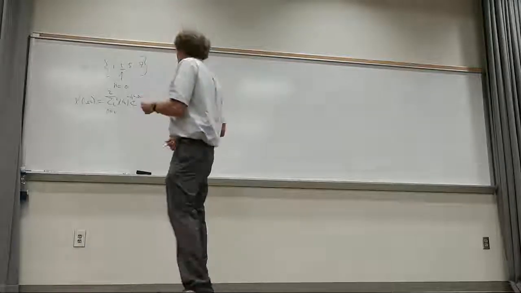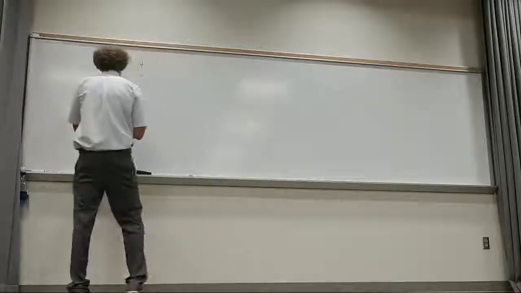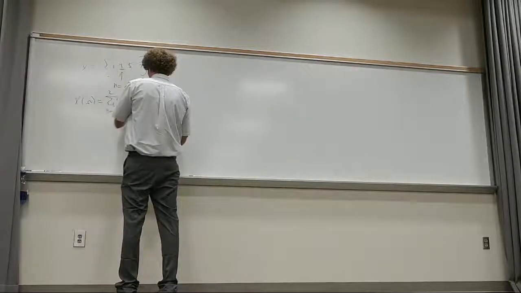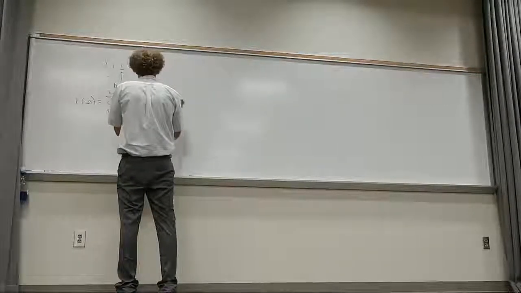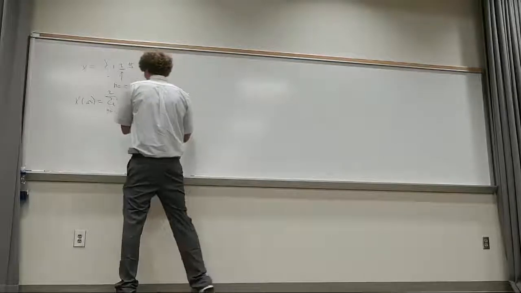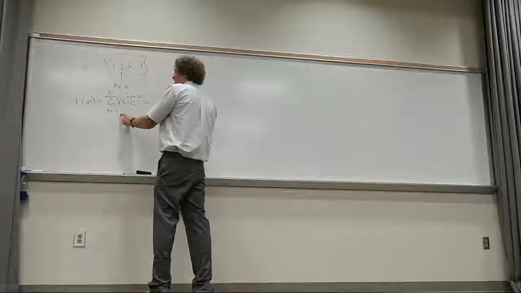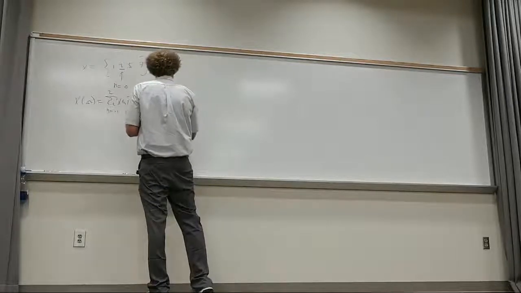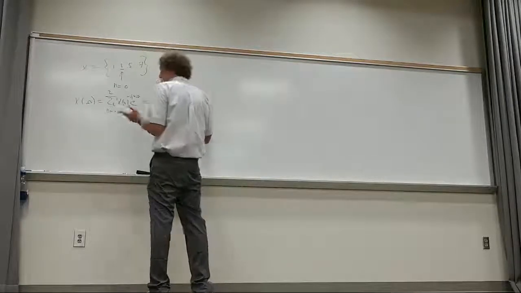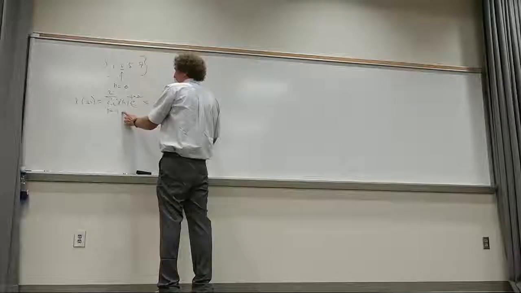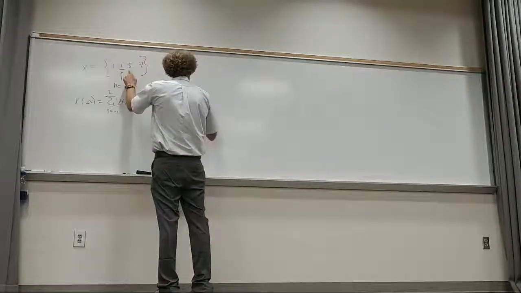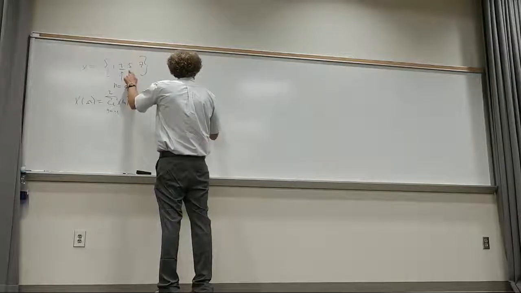That's all you do. So you start with n is -1. When n is -1, I have 1 times this -1, so it's going to be e to the j omega. Do you follow me? Then when n is 0, that's 3. Then when n is 1, it's going to be plus 5 times e to the minus j omega.